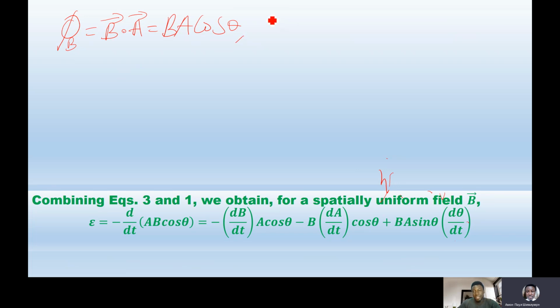We also said the EMF is giving us what? The negative of the rate of change of the magnetic flux. Now, EMF would then be equal to, let's use square brackets, negative d by dt of B A cos theta.